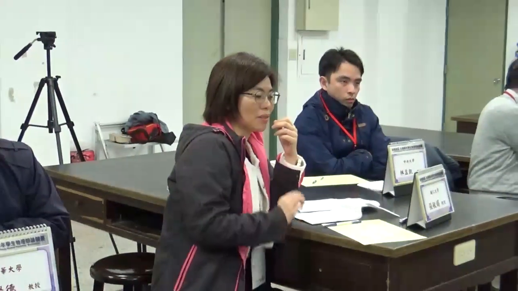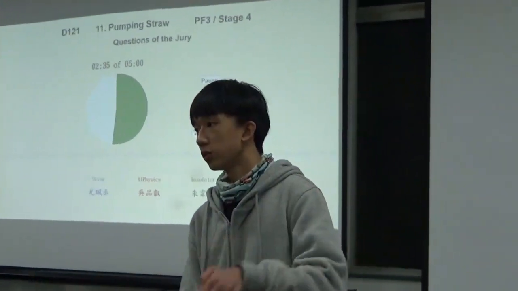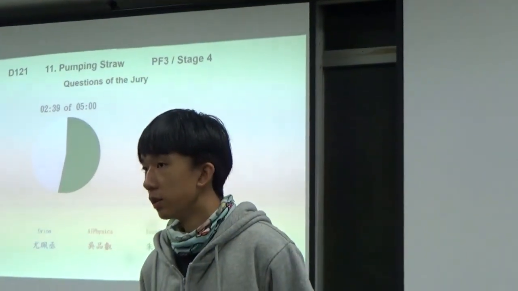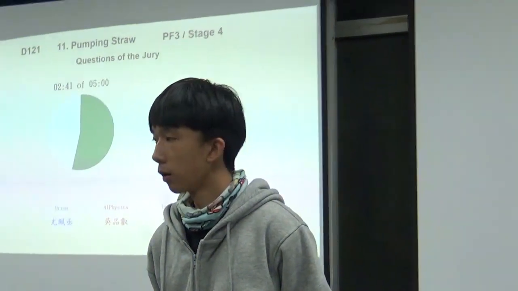Okay. So if one vertex is lower and the other is higher, which one causes more? I think if the length is shorter, then more water is being pumped. The lower one? And how about you?